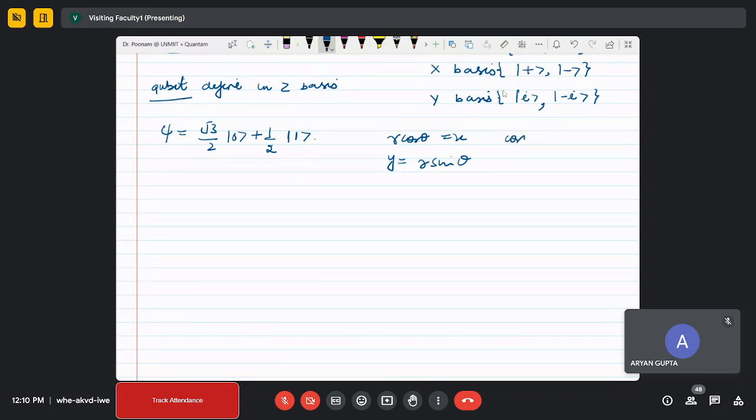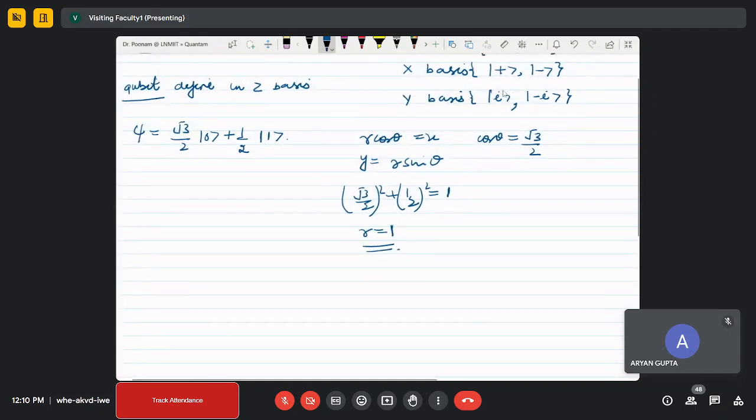So if I say cos theta, because when you sum both of them it is going to come to 1. So (root 3 by 2) square plus (1 upon 2) square is equal to 1. So that gives r is equal to 1. That means your cos theta is root 3 by 2, or we can say theta is 30 degrees. This you can verify for the other one also.